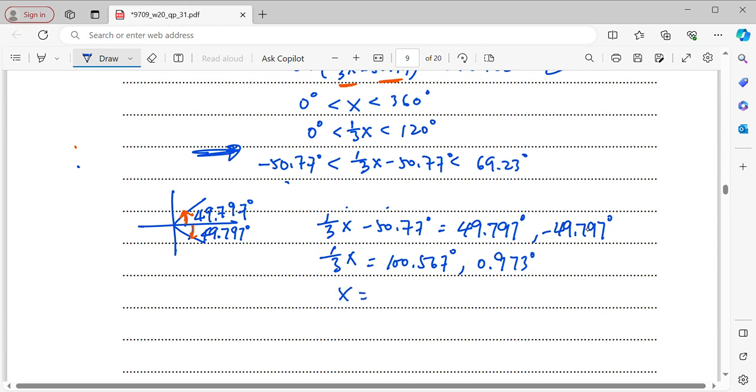So I will get x equals to 301.701 degrees and the other one is 2.919 degrees. And now we always leave our answer correct to one decimal place for the angle in degrees. Therefore, final answer for the x will be 301.7 degrees and 2.9 degrees. So that's the solution of this question.